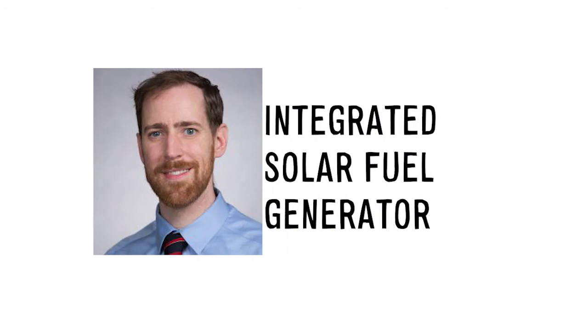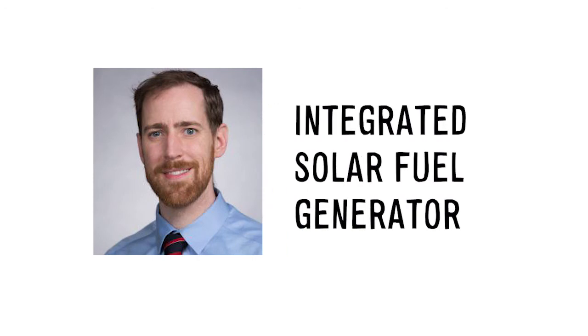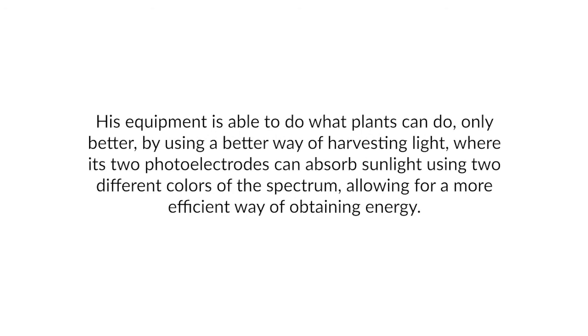Nate Lewis's preferred equipment is an integrated solar fuel generator. His equipment is able to do what plants can do, only better, by using a better way of harvesting light, where its 2 photoelectrodes can absorb sunlight using 2 different colors of the spectrum, allowing for a more efficient way of obtaining energy.